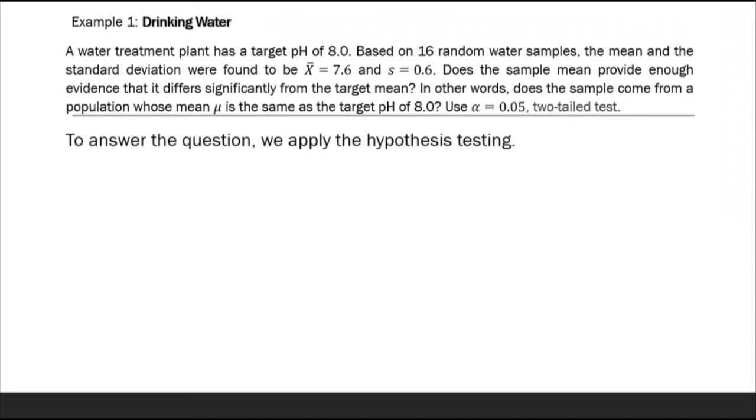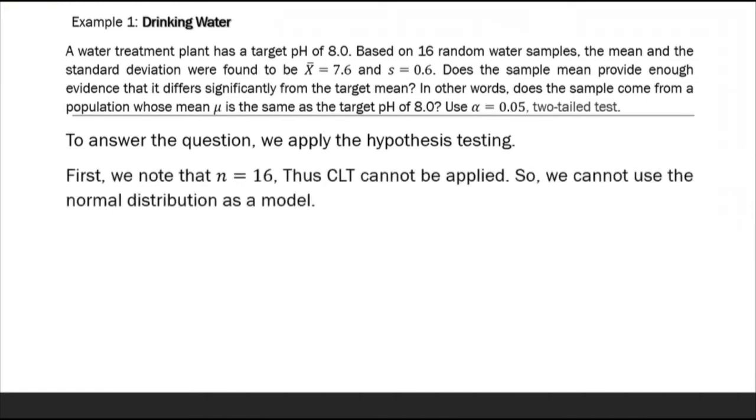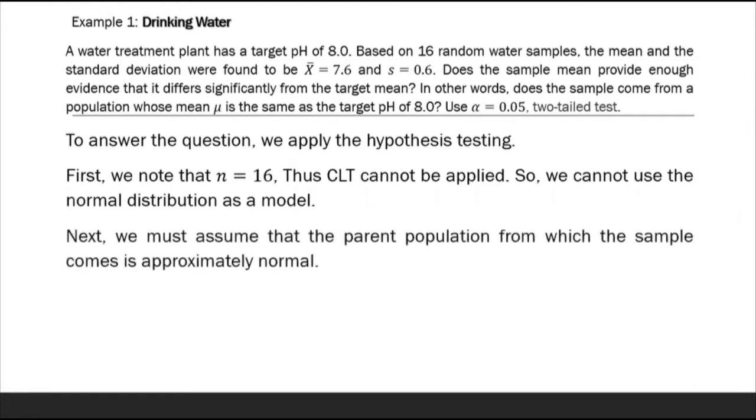To answer the question, we apply hypothesis testing. First, we note that the sample size is 16. Thus, the central limit theorem, or the CLT, cannot be applied. So we cannot use the normal distribution as a model. Instead, we must assume that the parent population from which the sample comes is approximately normal.